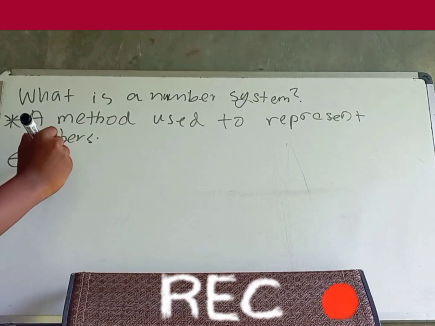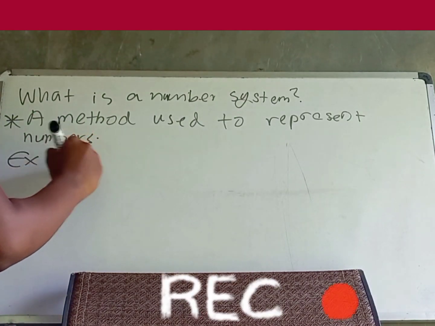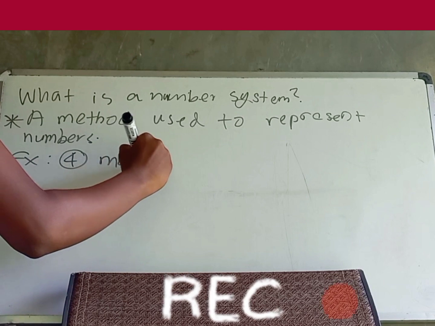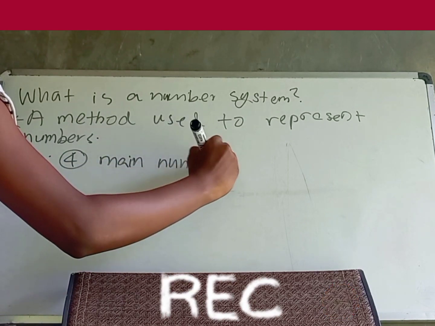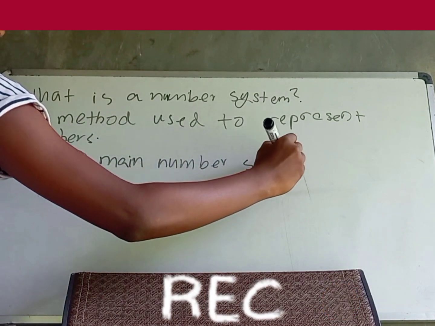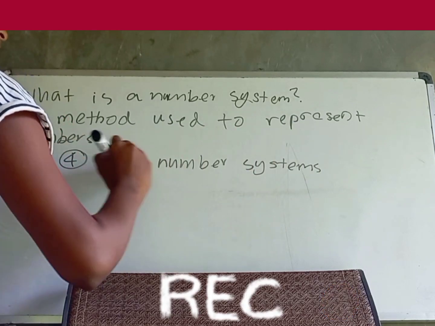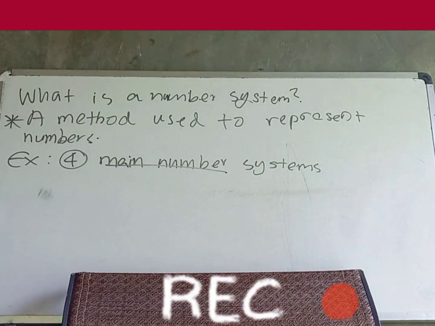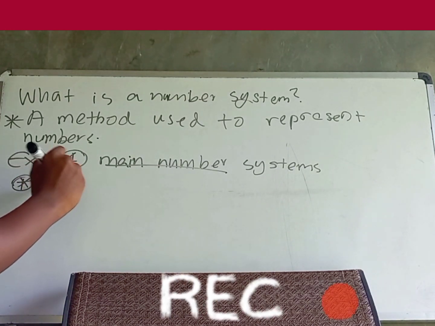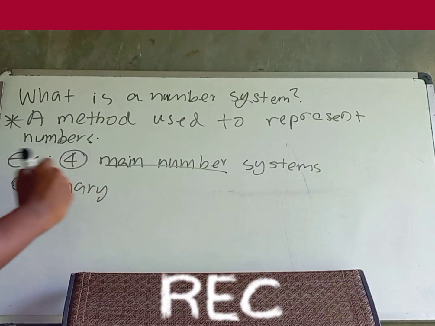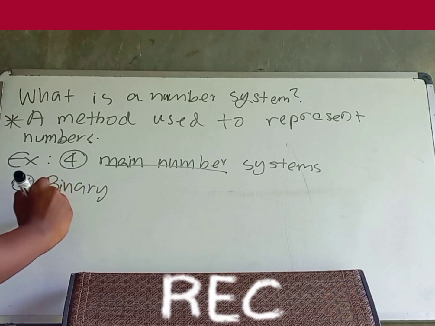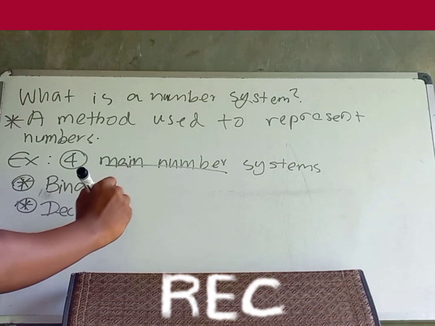Let's look at the examples. There are 4 main different number systems. What are those 4 main different number systems? First one is binary number system. Second one is decimal number system.